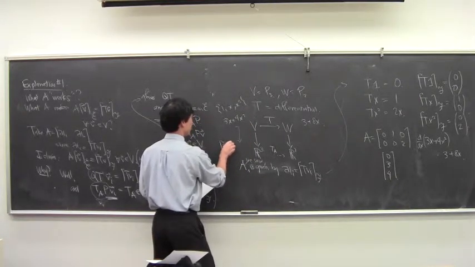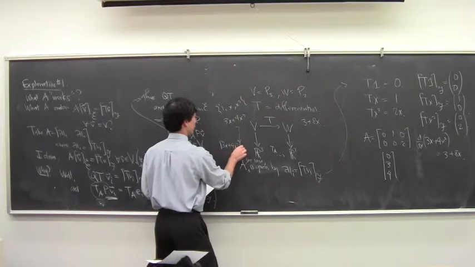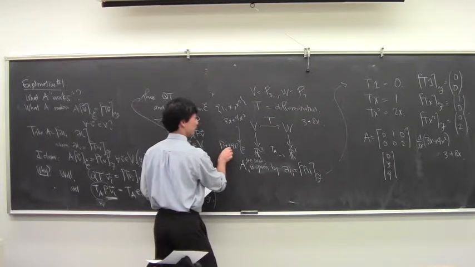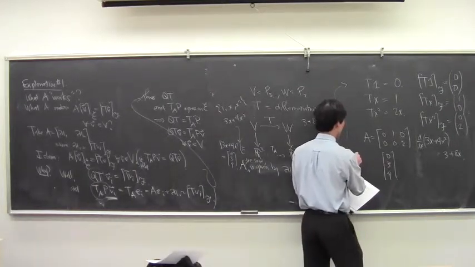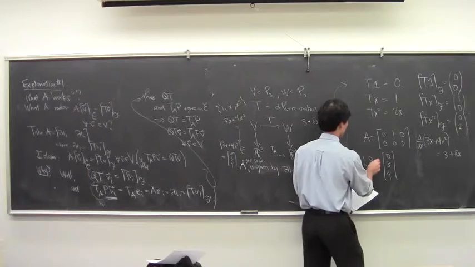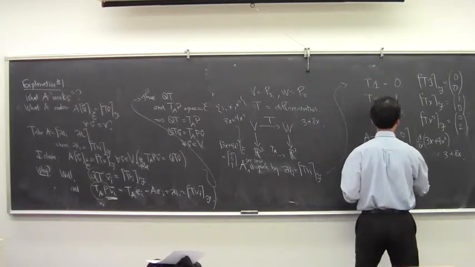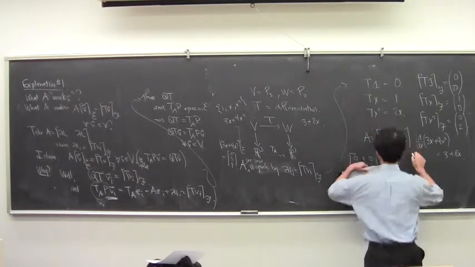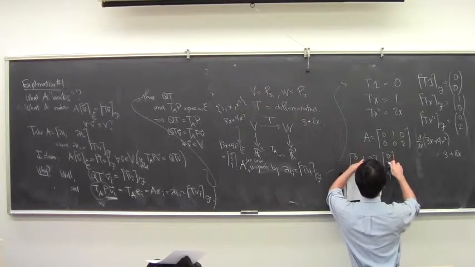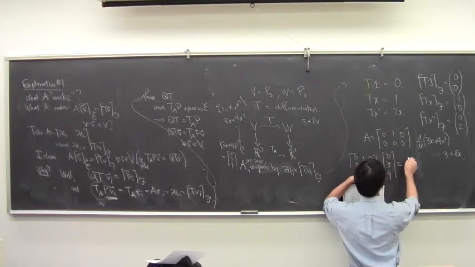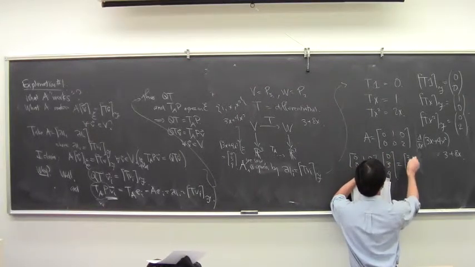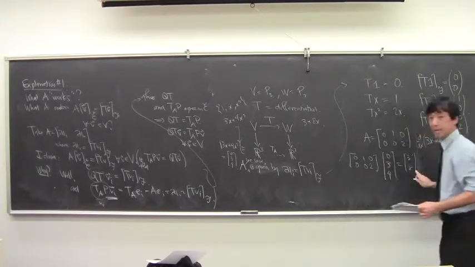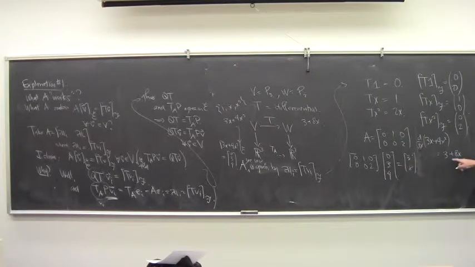3x plus 4x squared with respect to the E basis is going to be 0, 3, 4. And I hit that with A, 0, 1, 0, 0, 0, 2. And what do I get? Well, I get 3 here, and I get 8 here. I get 3, 8.